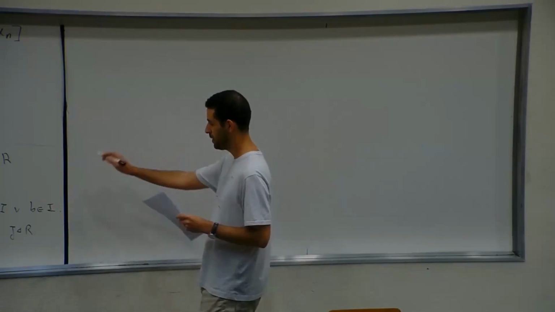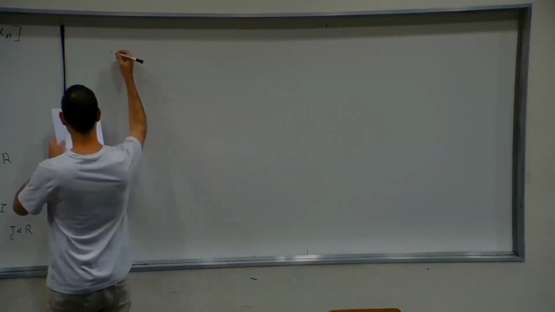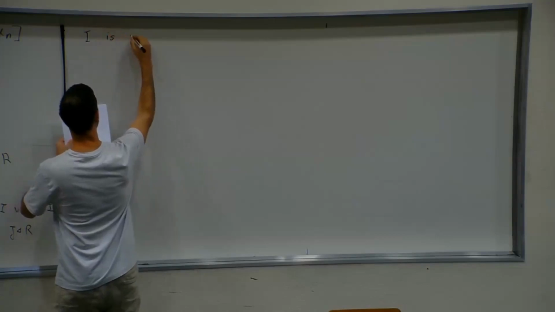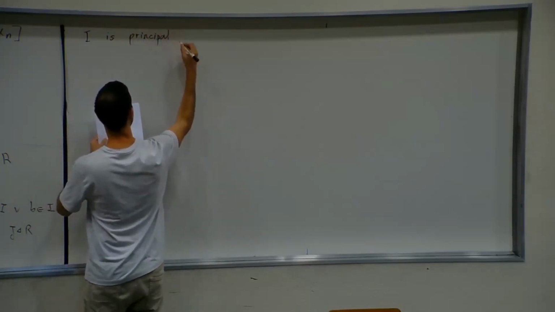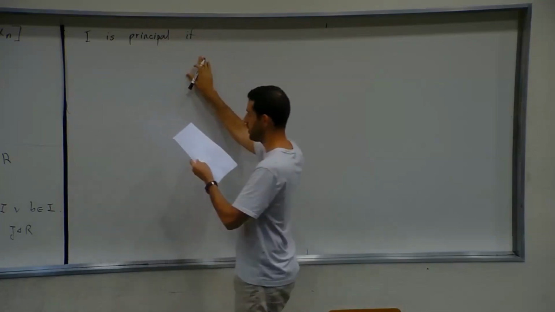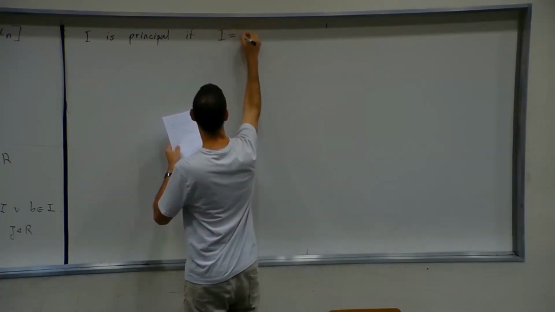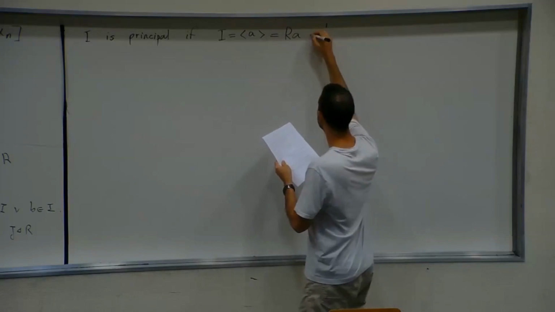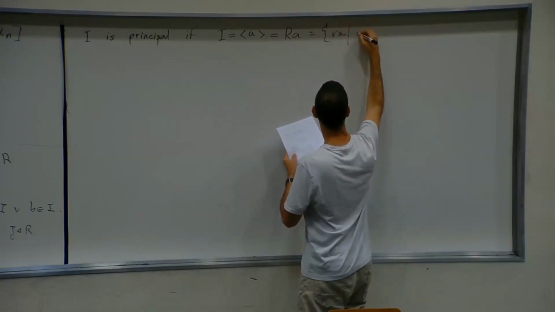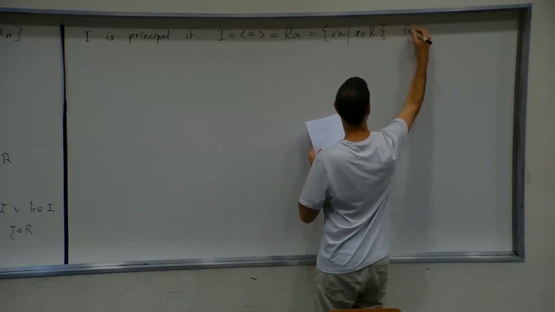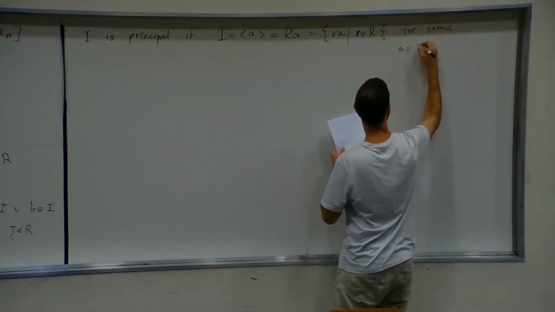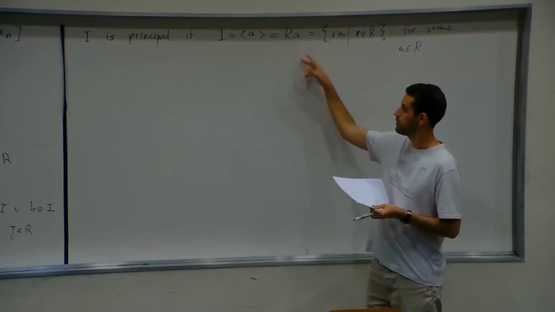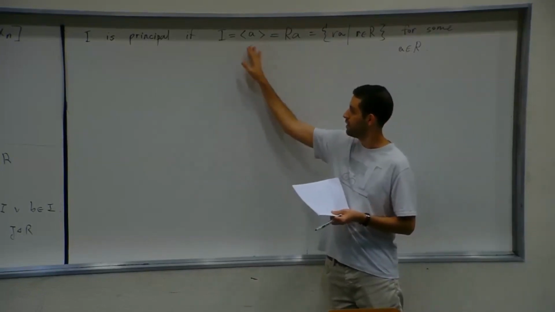So the two things that we need to remember about this, actually Gil mentioned them today, is I is principal if it is generated by one element from R. So if it's of this form, then it is generated by A. Then such an ideal is called principal.